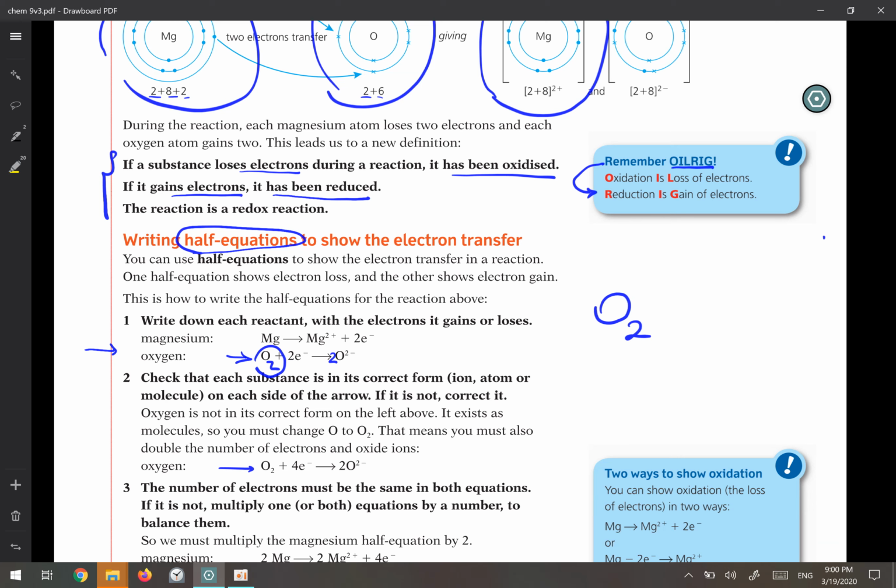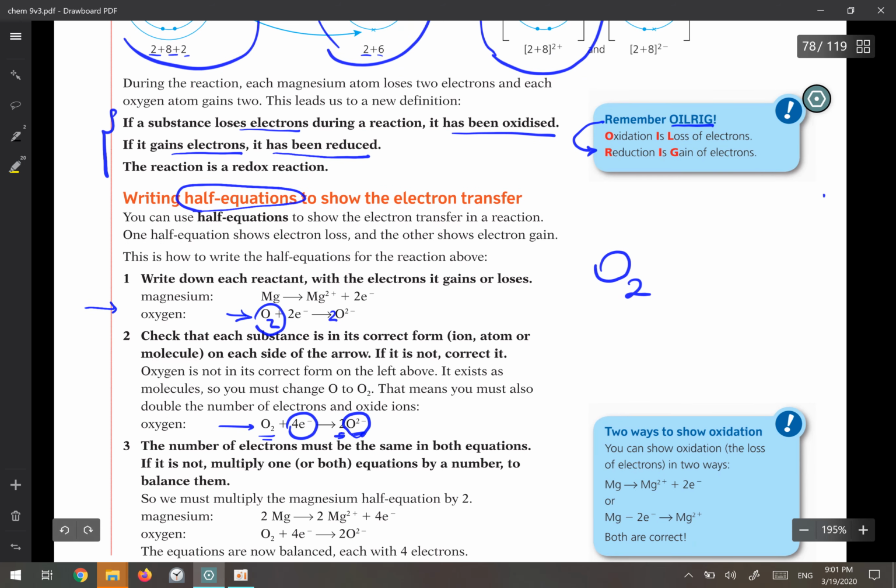So O2 by gaining electrons converts to two oxide anions. How many electrons must they gain to convert to 2O2-? Each oxide must gain two electrons, so if you have two oxides, there must be four electrons. This is the correct reduction half equation.